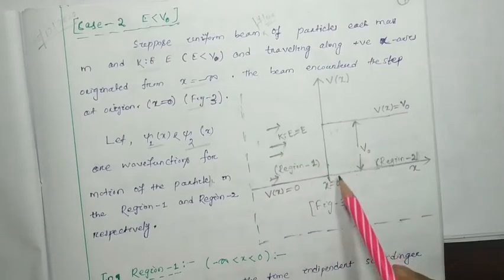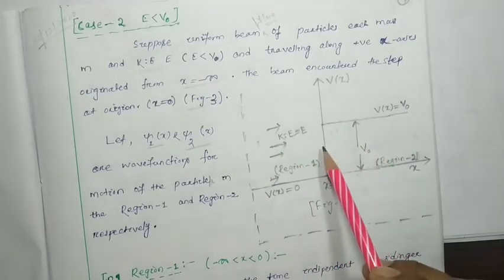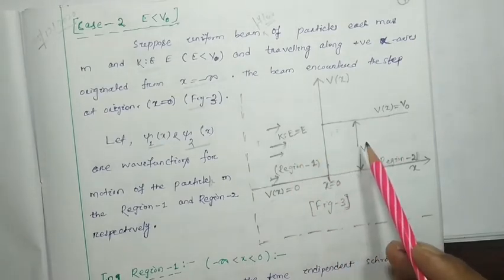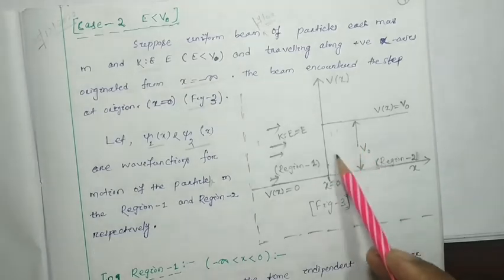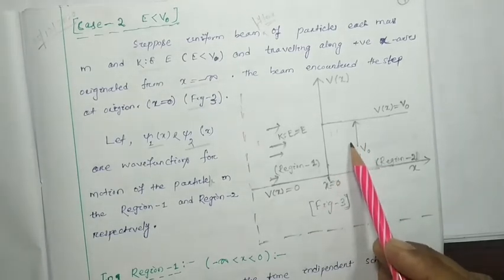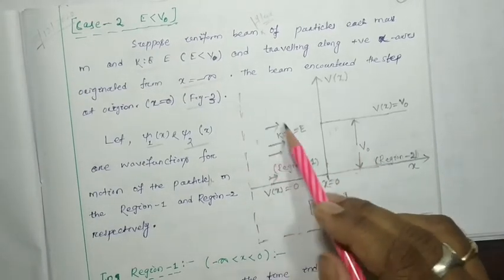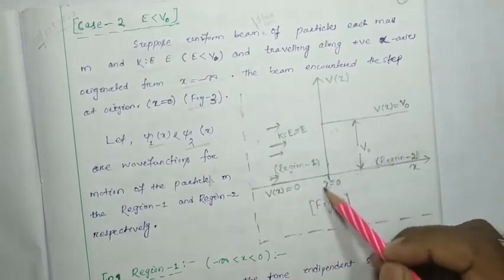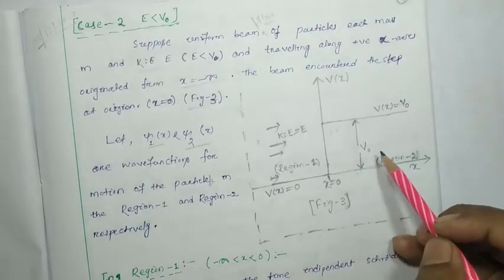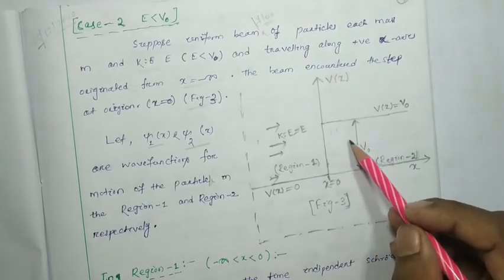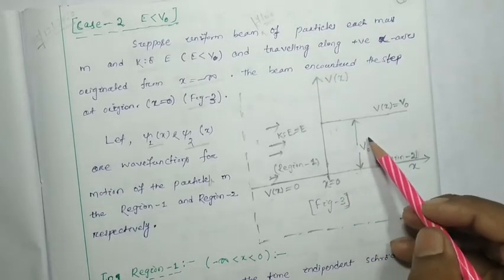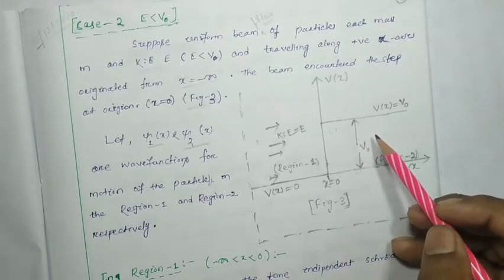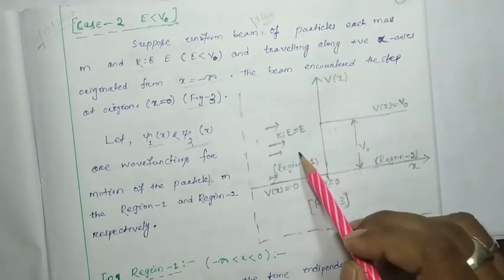But exactly at x equal to 0 and onwards they interact with a potential, or you can just imagine a repulsive force that the particle flux suddenly perceives at x equal to 0. For that reason we consider psi 2(x), whose behavior will be different compared with this one.